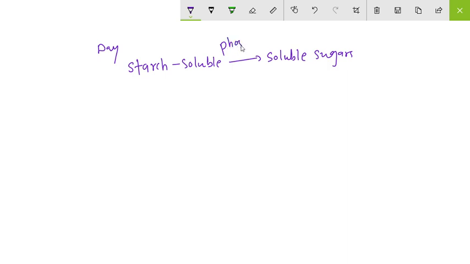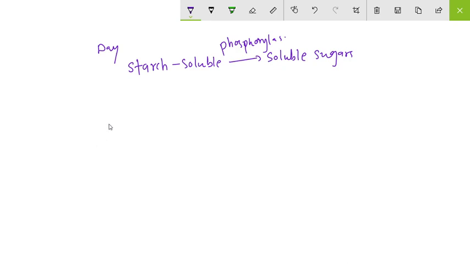The starch is converted into soluble sugars, and this happens with the help of an enzyme known as the phosphorylase enzyme.